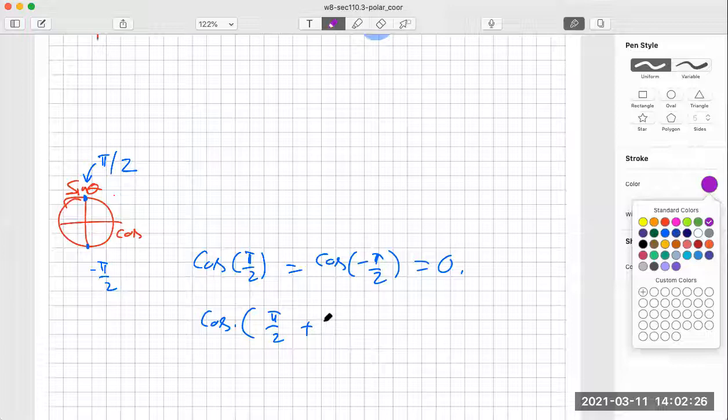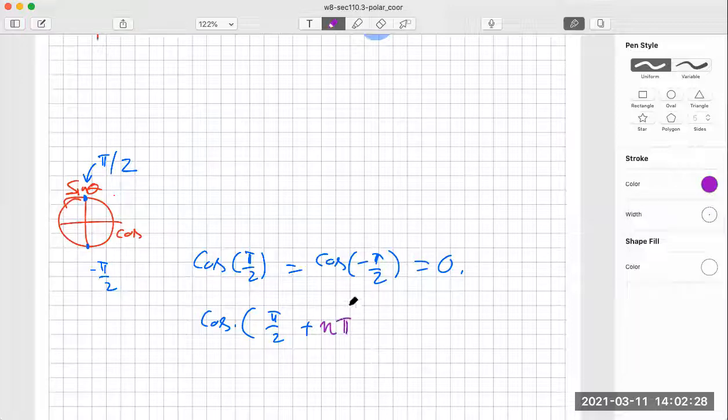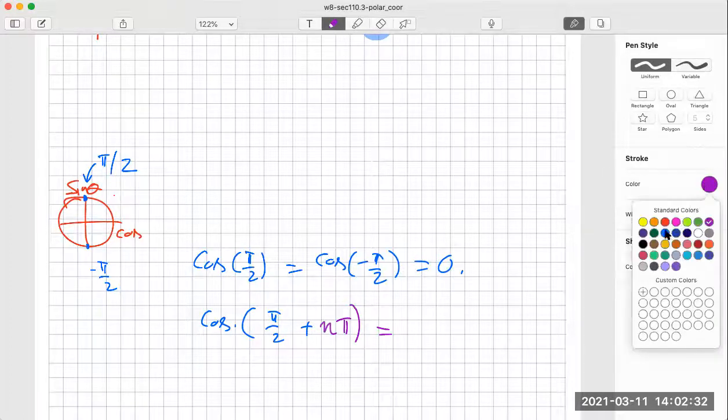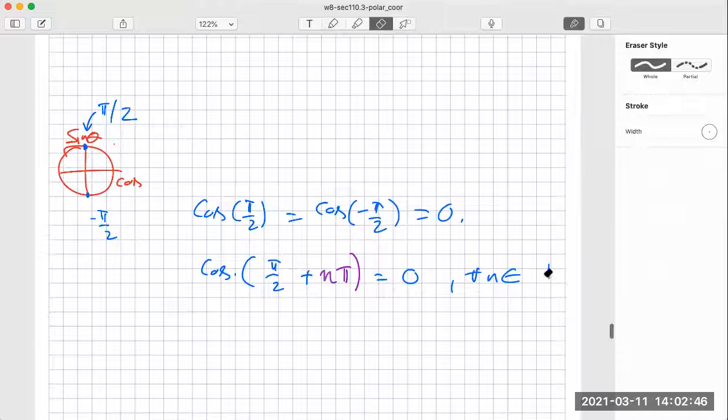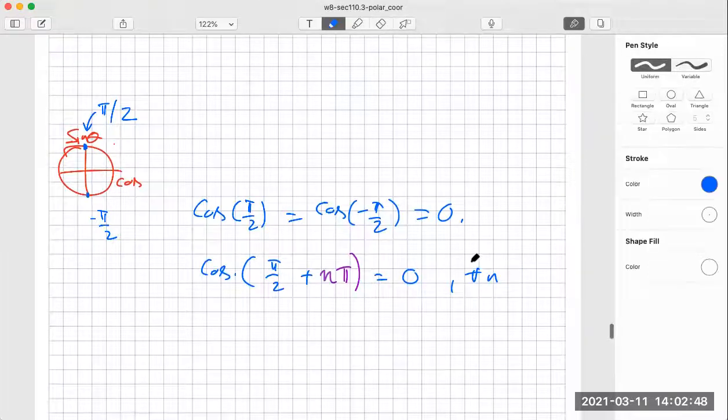Plus n pi, they are all 0, where n is an integer. Okay? It's true for all n's.